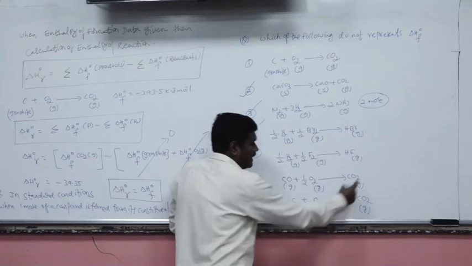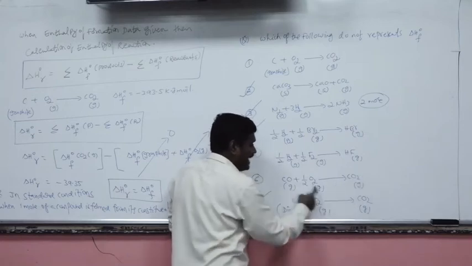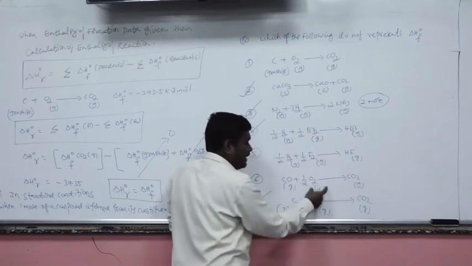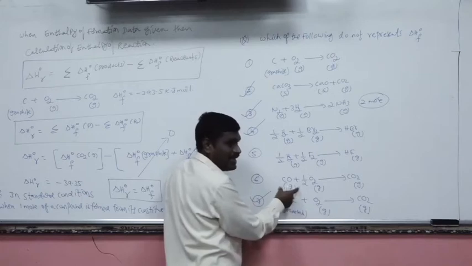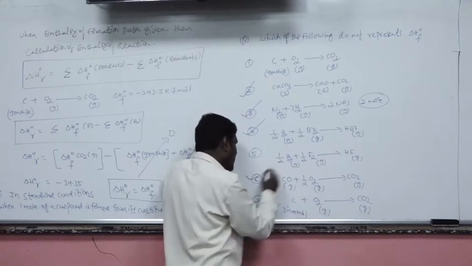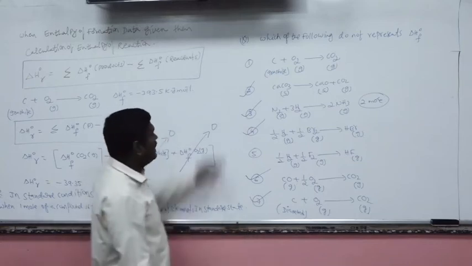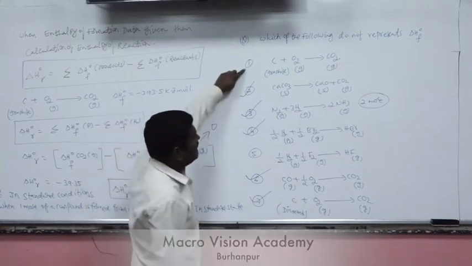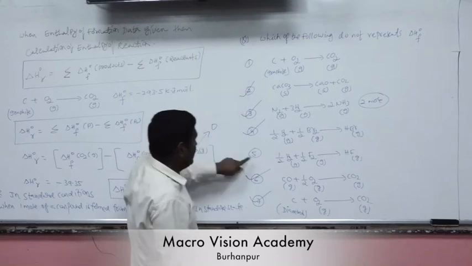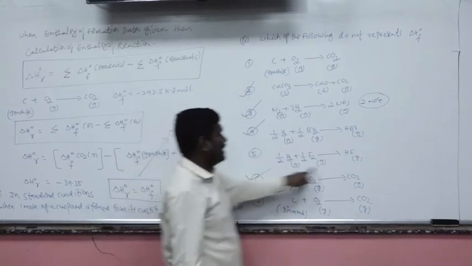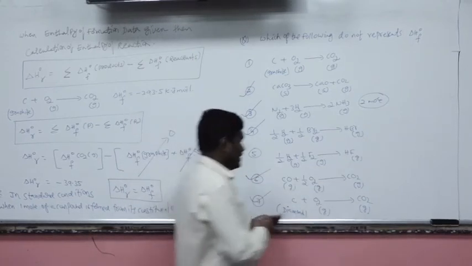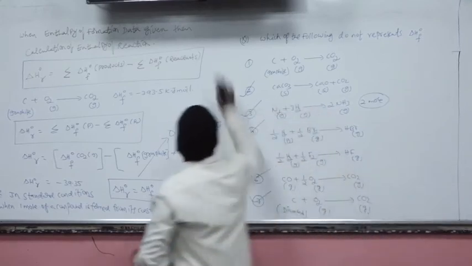But the thing is, it must be prepared from its constituent elements. O2 is an element, but CO is not an element, it is a compound. So it also does not correspond to standard enthalpy of formation. So here, the first one corresponds to standard enthalpy of formation and the fifth one corresponds to standard enthalpy of formation. Isn't it?